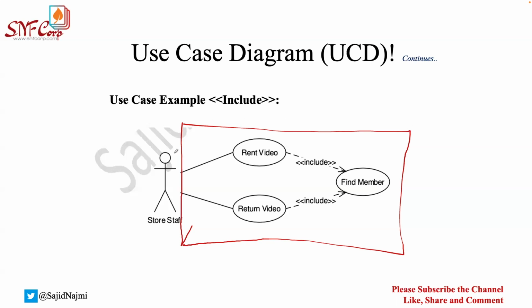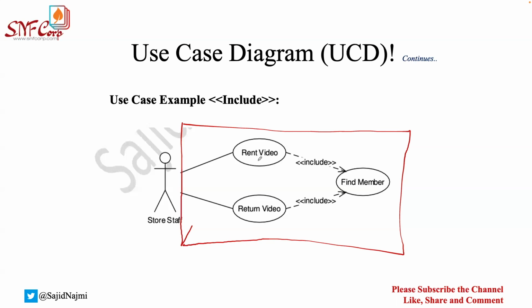Whenever I see it as a developer, I know that in order for the store staff, who is the user, to rent a video and to return a video, he must find a member. So this is important. You have to do this no matter what. This has to be completed. Find a member, and only then can you rent a video or return a video. So there are three use cases here.